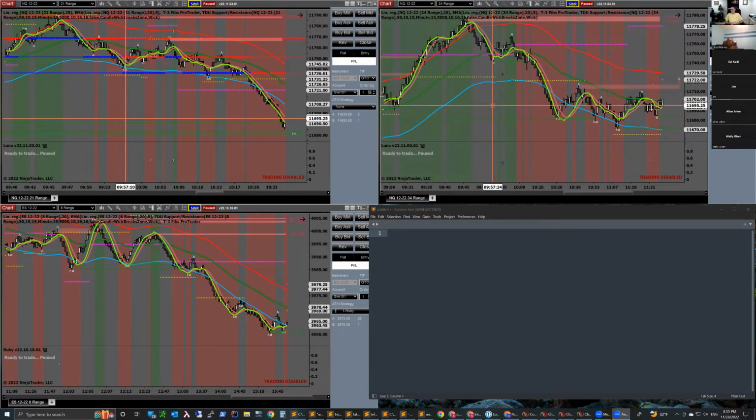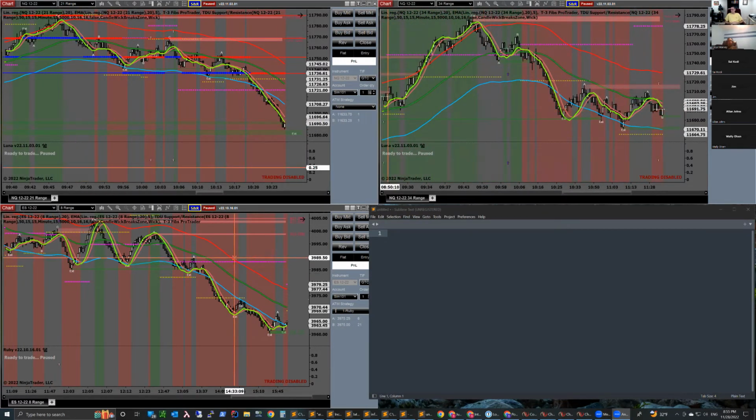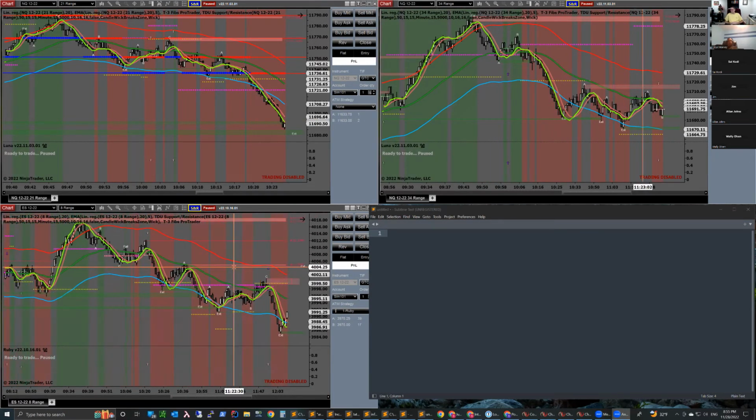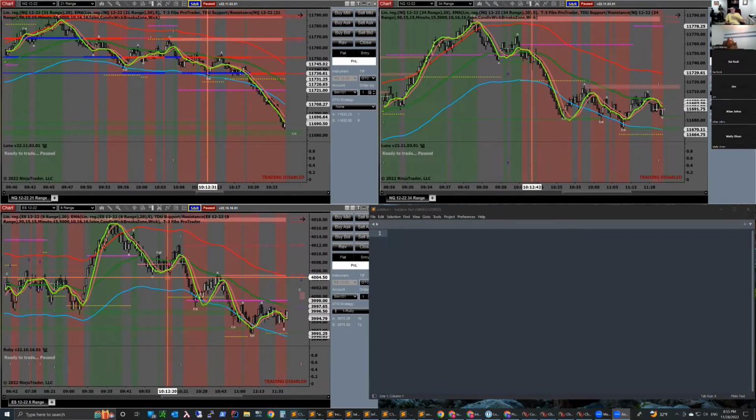Okay, let's look at that. Somewhere in this area, right there. Okay, cool. So let's go back to the drawing tool. So the first signal we got was right there at 10:02, and the second signal we got was right here at 10:06.